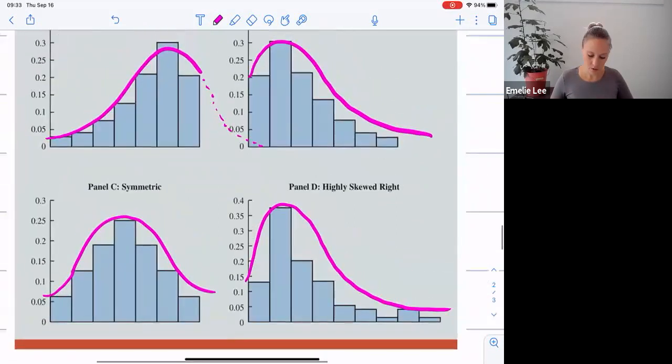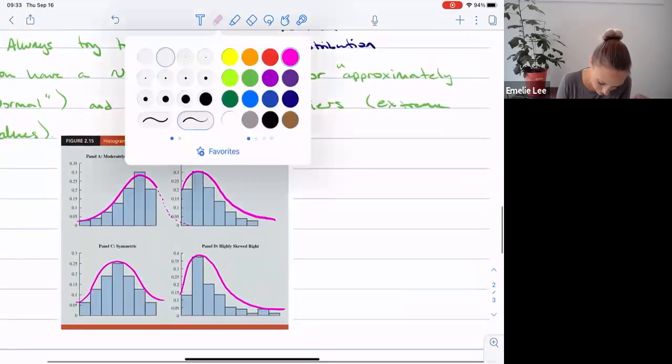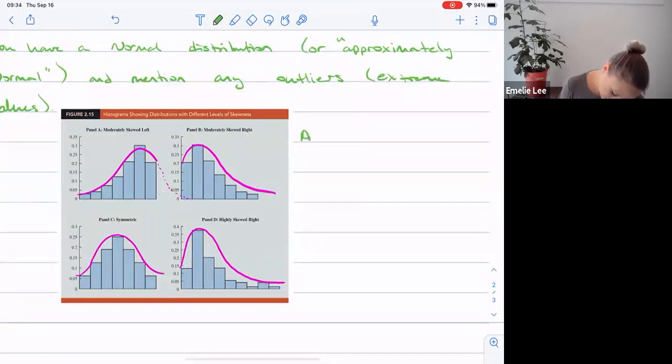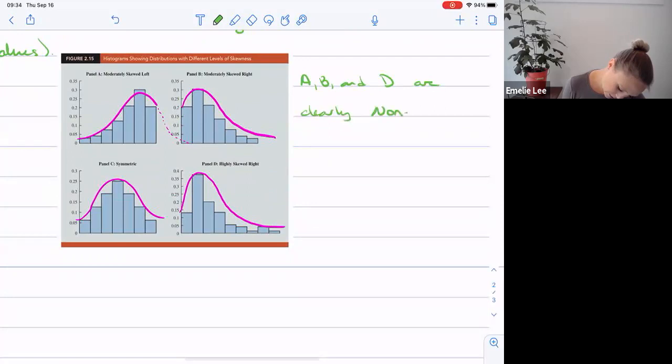So what we say when we have these clearly non-normal distributions: here, A, B, and D are clearly non-normal distributions.